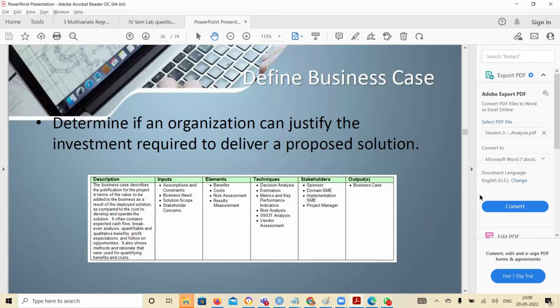And then the elements that we need to create are benefits, cost, risk assessment, and the results measurement. We will not be talking about risk assessment now, but we will again talk about it in detail later. What are the different aspects that we need to look at to mark a risk assessment?